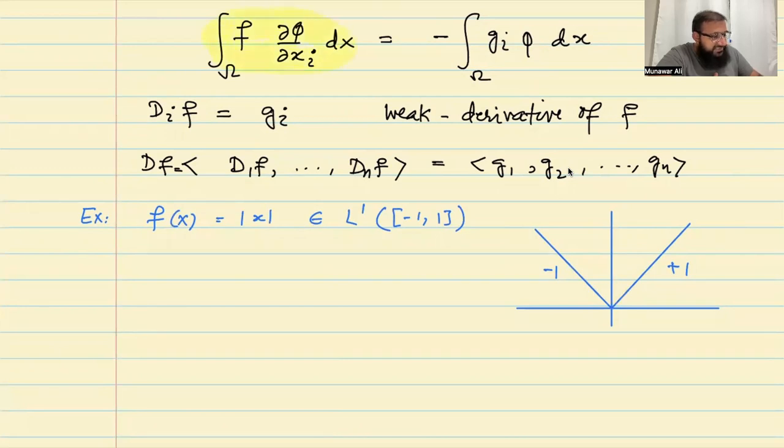I'm writing f times phi prime, where phi prime is the derivative of phi, dx, and I'm going to integrate it over the set omega, but my set omega is from -1 to 1. Now I will come to know what my g is. I just have to simplify this and play a little bit with these things.